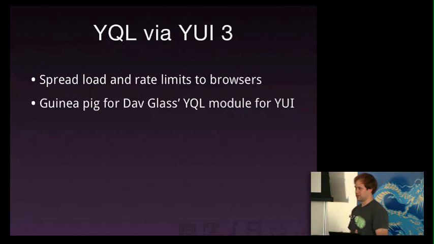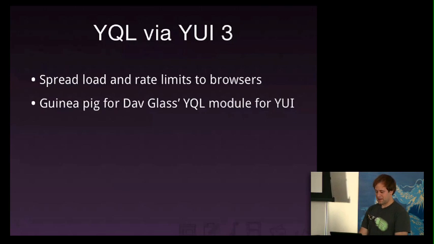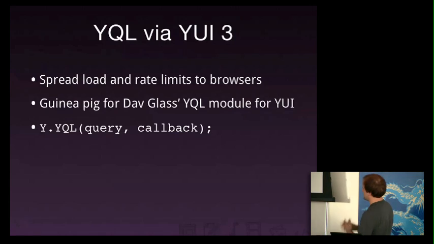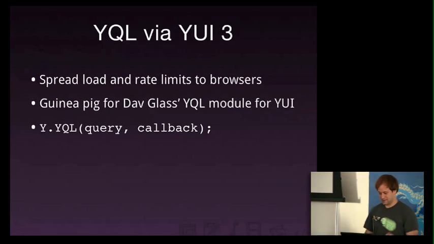He was writing this module and having me test it out, and I was making sure he was making it really easy to use, but I had him make sure that there was a way to get underneath the hood and actually query YQL with all the different parameters you may need, like HTTPS, or maybe querying with diagnostics turned on or off. So this module is really great. And it's very simple if you want to use it simply: provide the query and a callback.